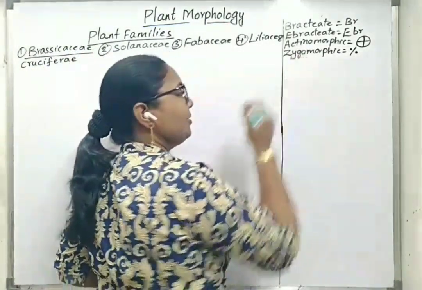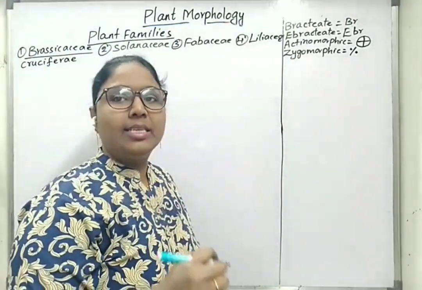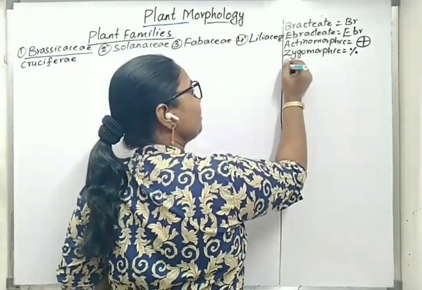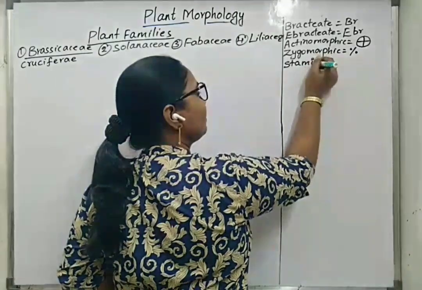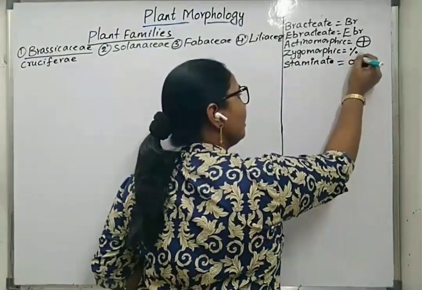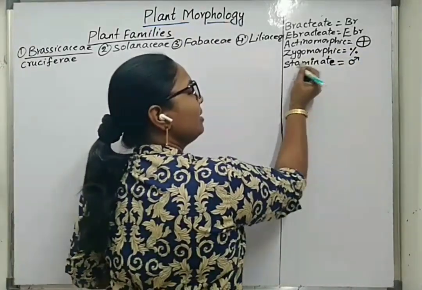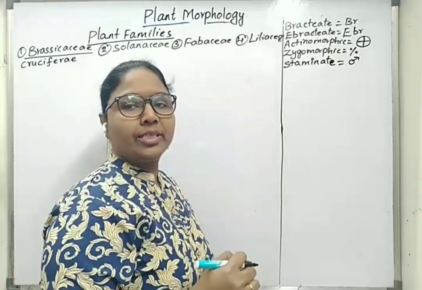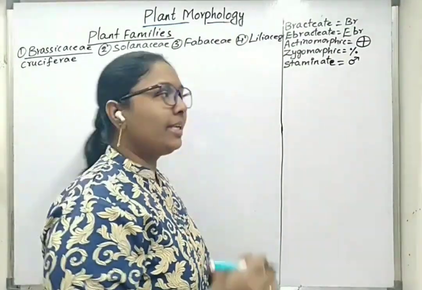Next, if the flower is having stamen, the male reproductive structure, such flowers are called staminate flowers. This is represented with a symbol. If the flower is having gynoecium, the female reproductive structure, such flowers are called pistillate flowers.